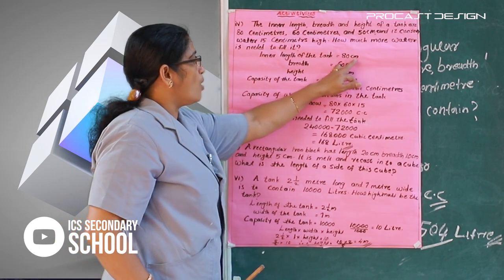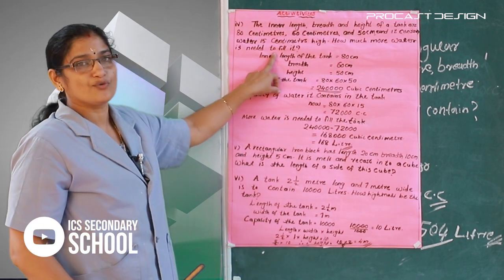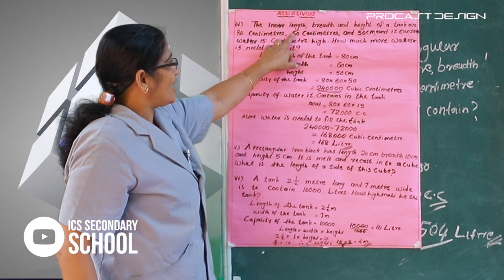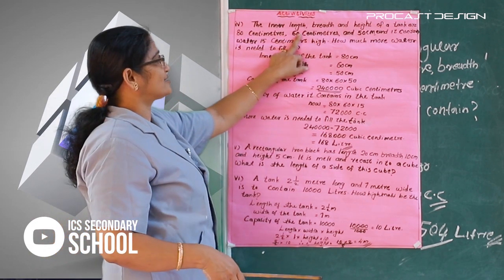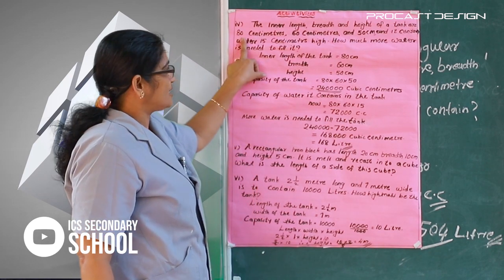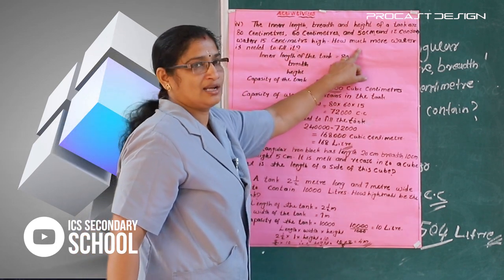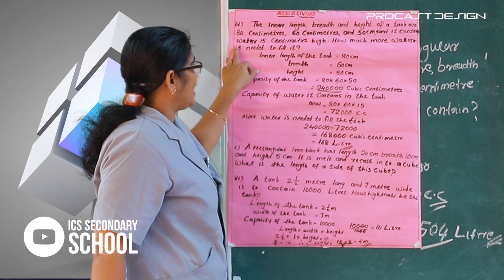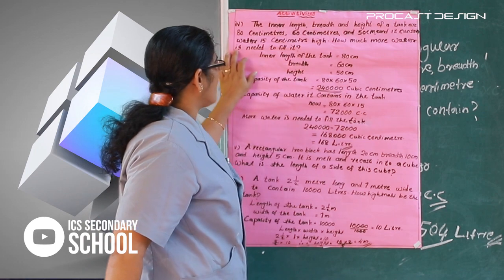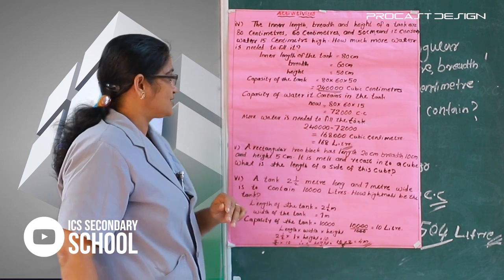How much more water is needed to fill it? Question, repeat. The inner length, breadth and height of the tank are 80 centimeter, 60 centimeter and 50 centimeter. How much more water is needed to fill it?